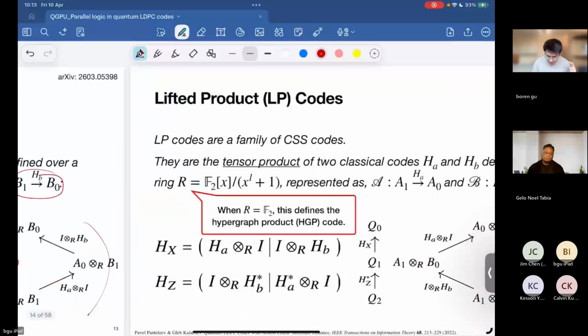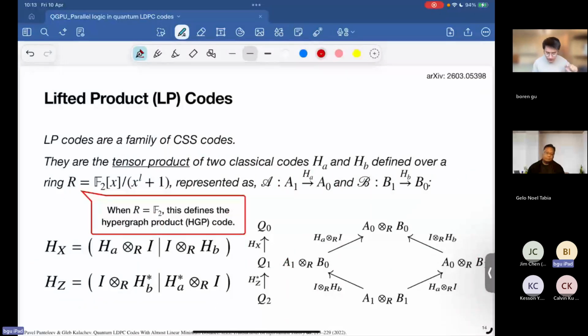When we come to a very special case, when the ring R is defined over the binary field, then this lifted product code construction defines a hypergraph product code, in short HGP, which maybe you are familiar with. The surface code is a special case of the HGP code, so in short, the surface code is also a special case of these lifted products.